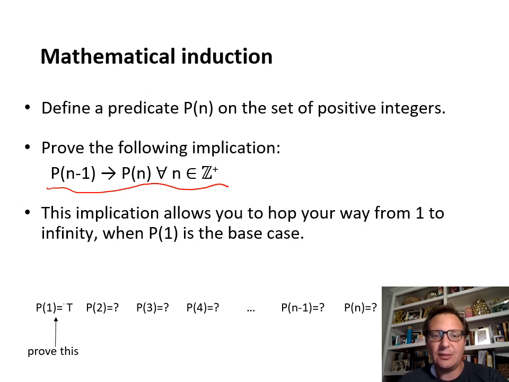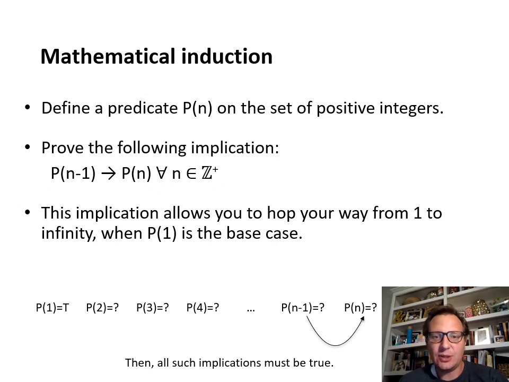So if we can prove that P of 1 is true, and if we can prove this implication, meaning that if P of n minus 1 holds, then P of n holds as well, then we can use it to hop from 1 to infinity, since that means that all such implications must be true, meaning that P of 1 implies P of 2, P of 2 implies P of 3, P of 3 implies P of 4, P of n minus 1 implies P of n, and so on.